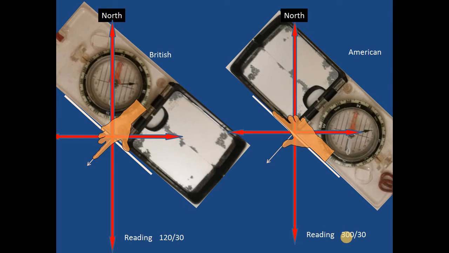So if someone gives me data taken using the American right-hand rule, what I will do is subtract 180 to convert them into British right-hand rule. Same if someone gives me data taken by the British right-hand rule, I'll just add 180 to convert them to American right-hand rule.